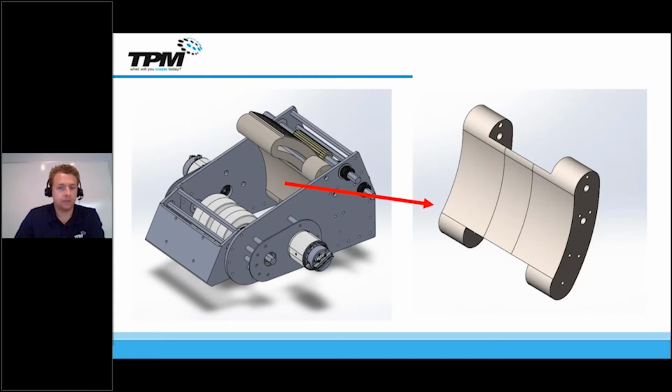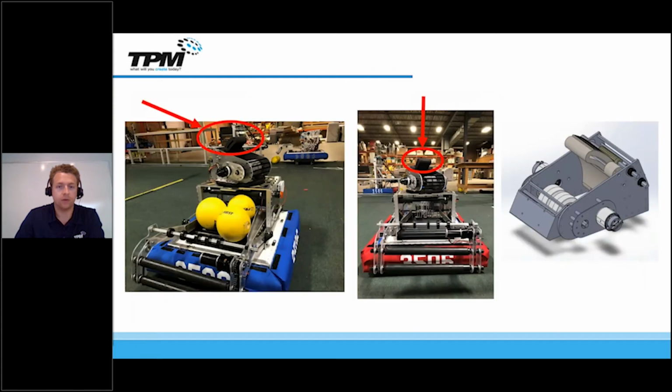There we go. This robot is unique because it uses an onboard vision system, which is circled in red, to track the target, and also to auto-range the firing mechanism to hit the target.